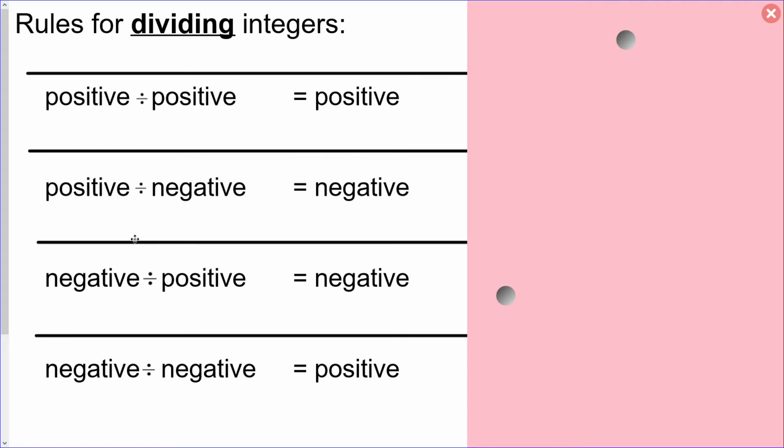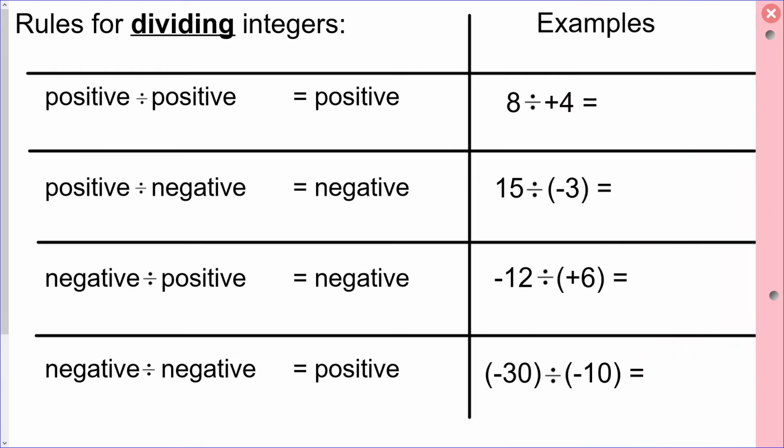Positive divided by negative or negative divided by positive gets you a negative answer. And a negative divided by a negative gets you a positive answer. Again, same signs means your answer is positive. If the signs are different on your numbers that you're dividing, then your answer will be negative.